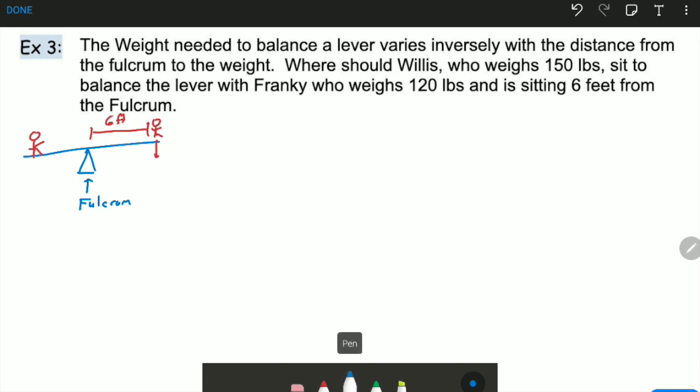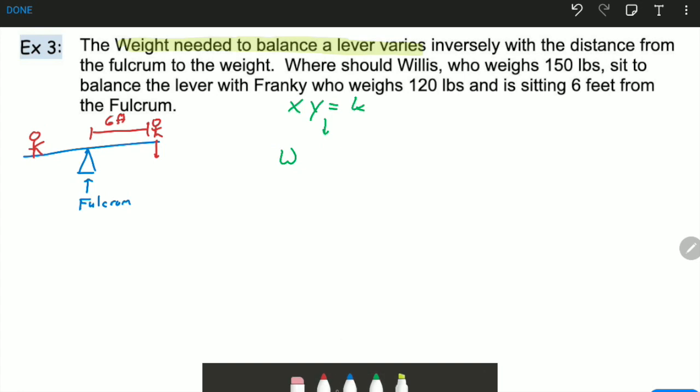So, variation problems, whenever it's applications, and this goes for everyday life things too, but whenever it's a word problem format, it will typically tell you right away what the variables are. And when it comes to word problems, I like to use variables that make sense in the situation. So we have the weight needed to balance a lever. So instead of xy equals k, I'm going to turn this into w for weight.